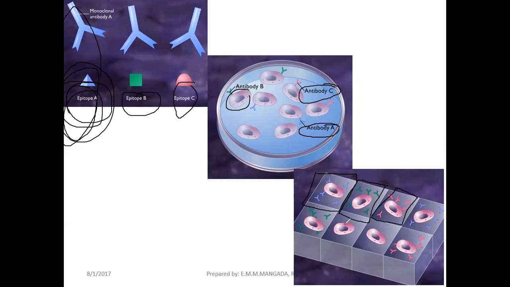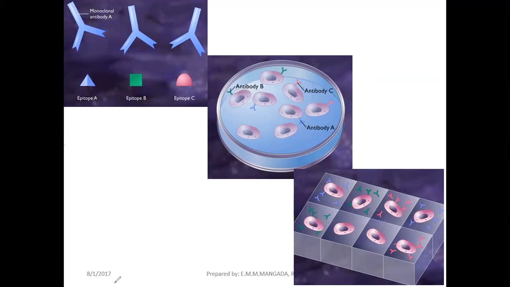Then they will choose which of these will undergo clonal expansion. Kunwari yung mga B cells na nagpo-produce ng antibody against the green epitope, or epitope B, sila yung pararamihin natin. So that's your monoclonal antibody production.